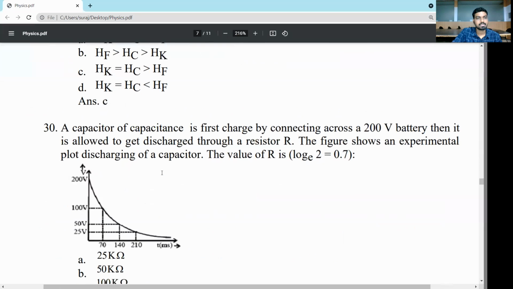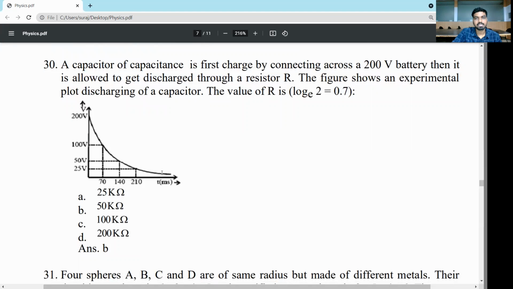Yes. Next question: a capacitor is first charged by connecting across a 200 volt battery, and it is allowed to get discharged through a resistor R. The figure shows an experimental plot of the discharging of the capacitor. The value of R is to be found, with log 2 given as 0.7.